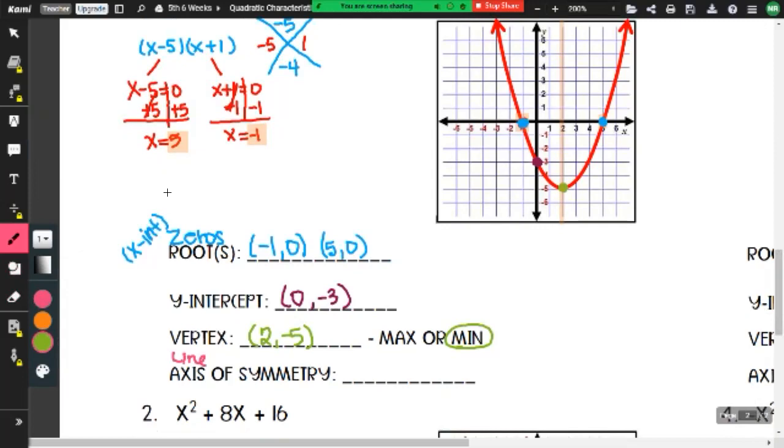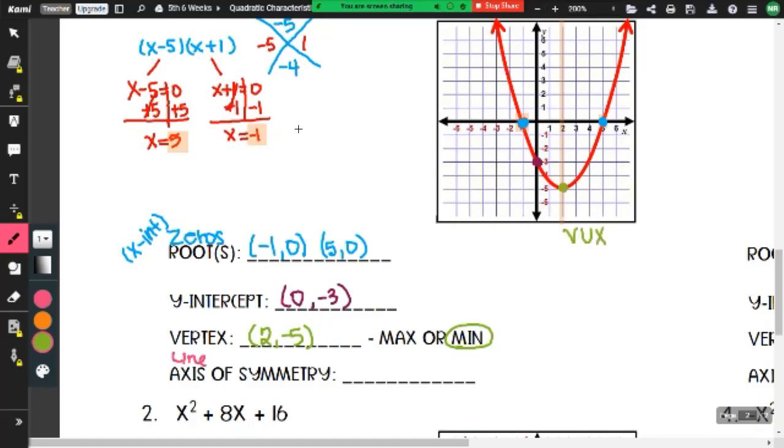Now, oh, we didn't write it in the front. Your line of symmetry is specifically what type of line? Even though it's imaginary, it's what kind of line? It's straight and, I heard somebody over here, vertical. What did we learn about vertical lines? What acronym did we use for them? BUX.